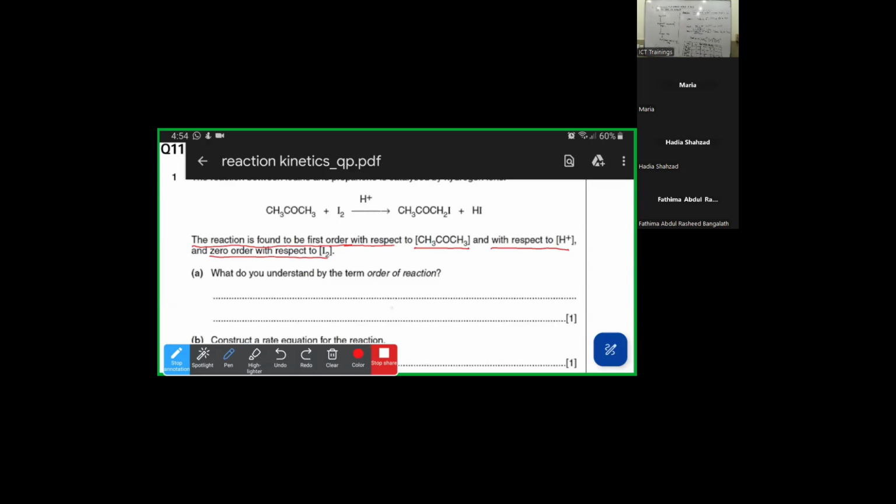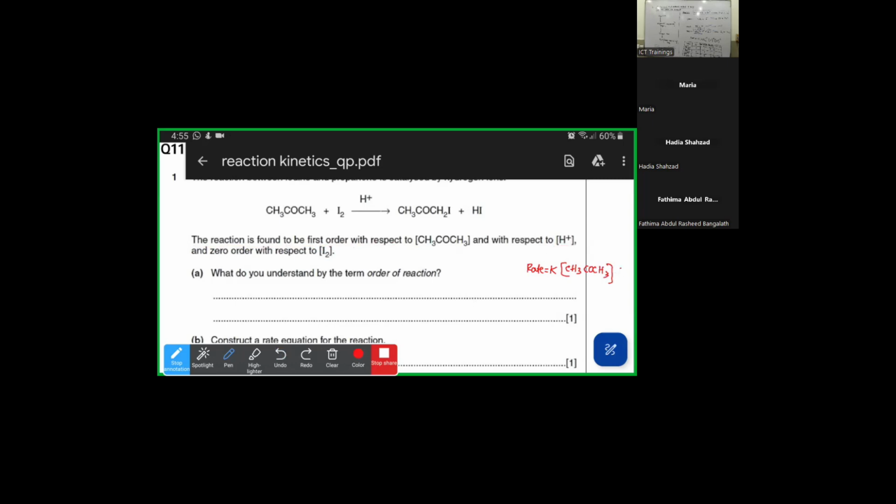By looking at this information, we can make the rate equation. So the rate equation: rate is equal to K, and he said this one got first order, so CH3COCH3 got first order, and H positive got first order as well.